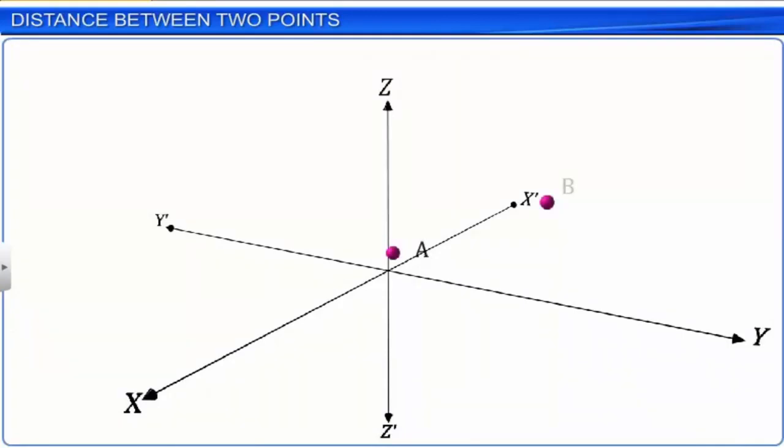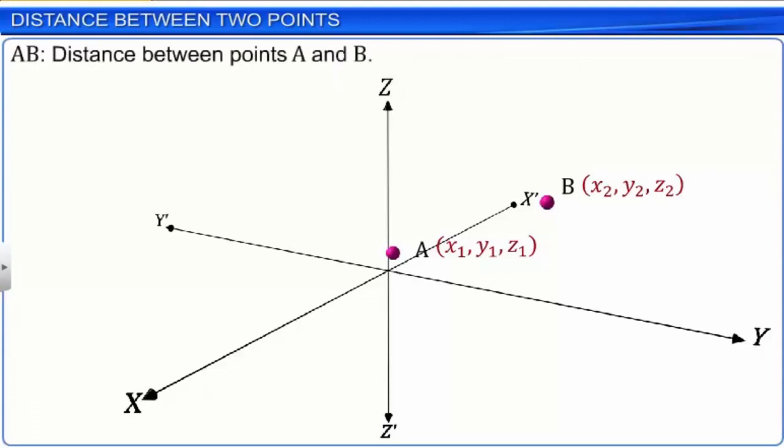Let A and B be 2 points. Let the coordinates of A be x1, y1, z1 and B be x2, y2, z2. We need to find the distance between points A and B. Let's denote it with AB.